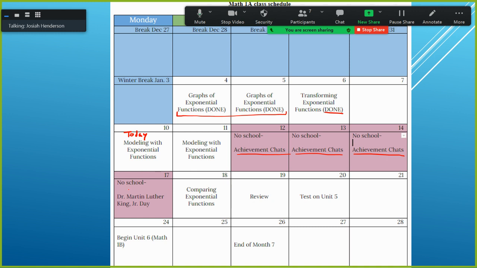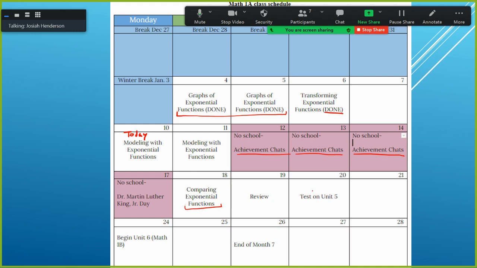Next week, there's no school on Monday, the 17th, for everybody. That's Dr. Martin Luther King Jr. Day. So we're not doing any meetings at all next Monday. And then we're coming back Tuesday, the 18th. We're going to do our last final lesson right here. And then we'll take a day to review everything together.